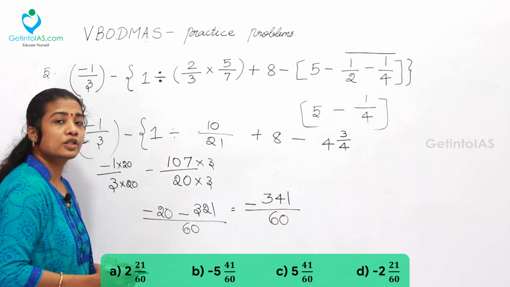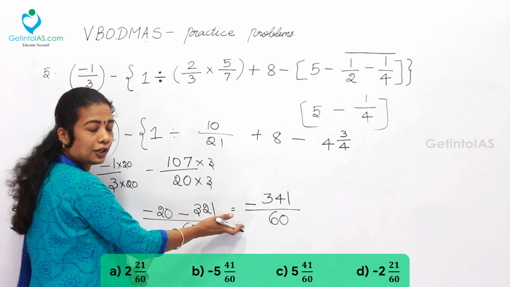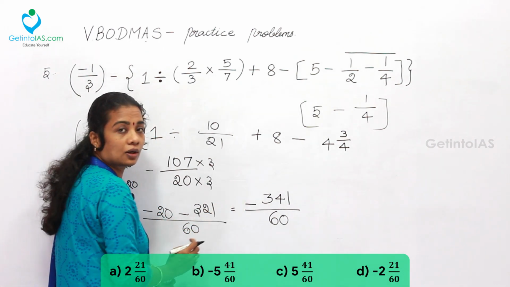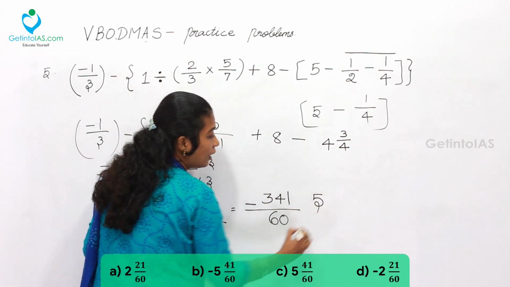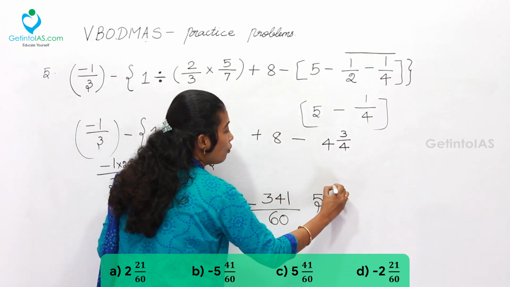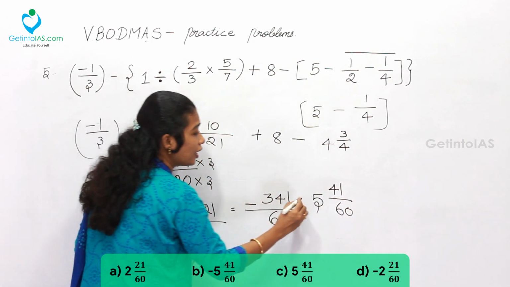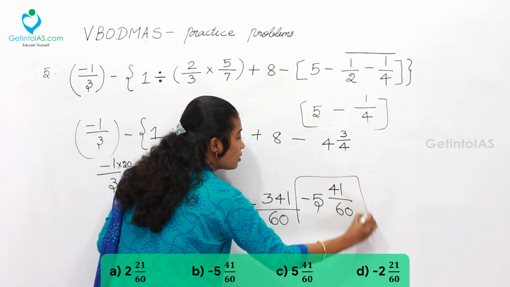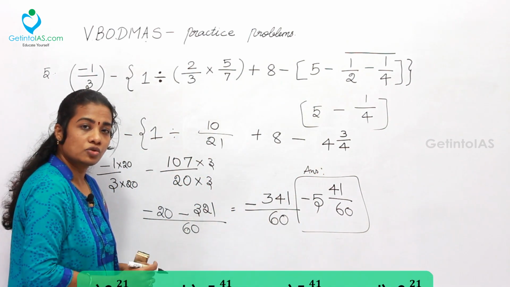But looking at the options, all the options are given in terms of mixed fractions. So convert it into a mixed fraction. How many 60s are in 300? 5 times 60 is 300. So 5 times, after that 41, right? So 41 by 60. What is the sign here? Negative sign. So finally, my answer for this question is minus 5, 41 by 60.